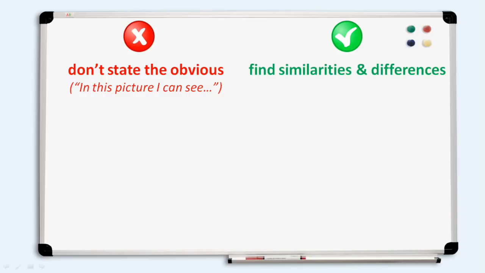In other words, you should find similarities and differences which are related to those 2 questions you have to answer. In this respect, I'd recommend going for contrasting pictures, that is, those which are considerably different from one another.